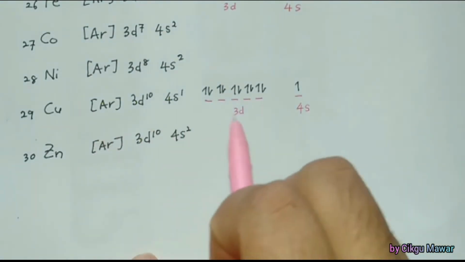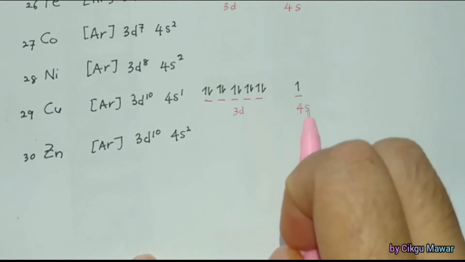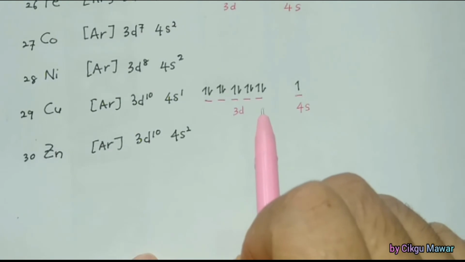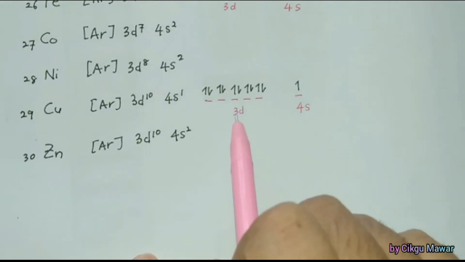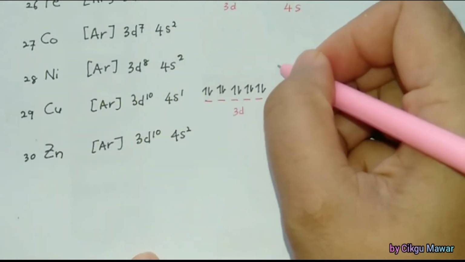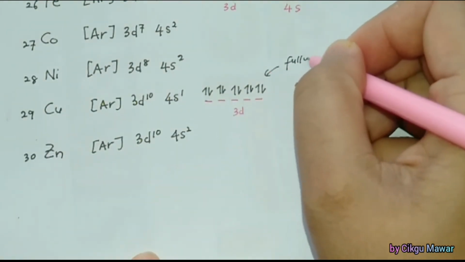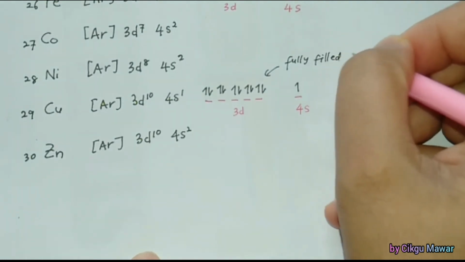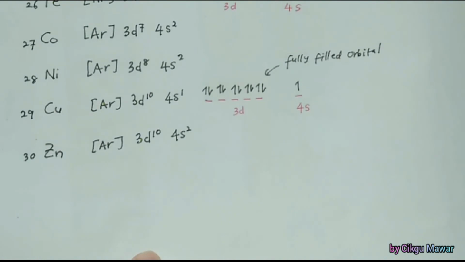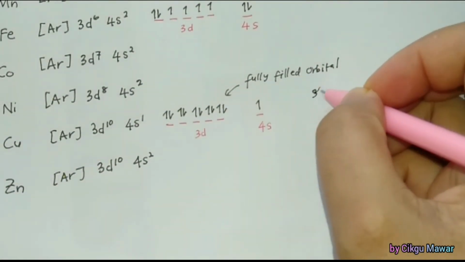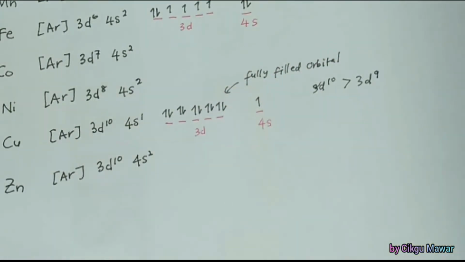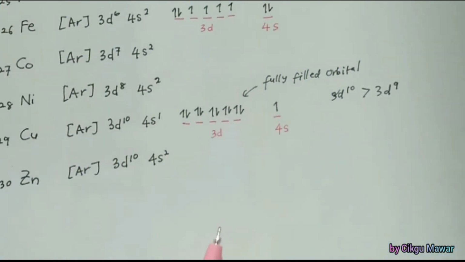For copper, it has 3d10 and 4s1, which is more stable than 3d9 and 4s2, because this fully filled orbital is more stable than the partially filled 3d9 orbital.